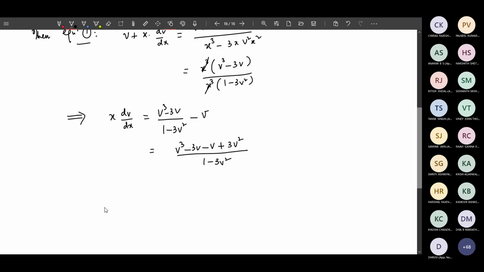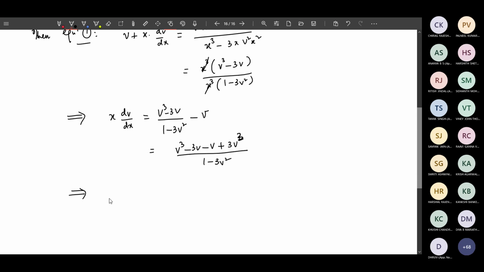Yes, it will be plus 3v cube in the numerator. You are correct. Thank you.